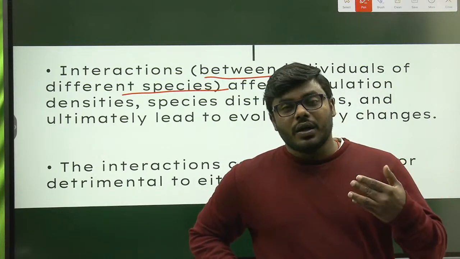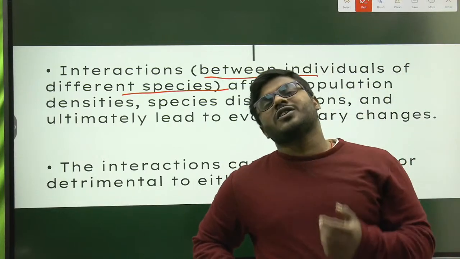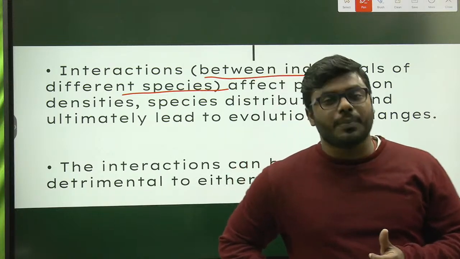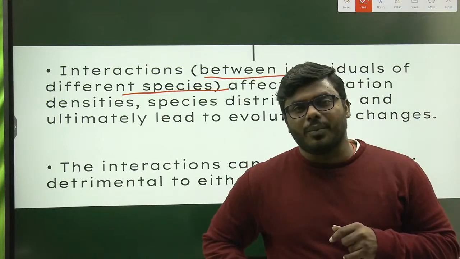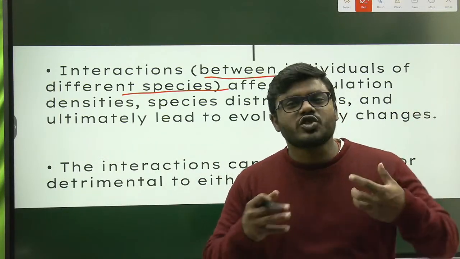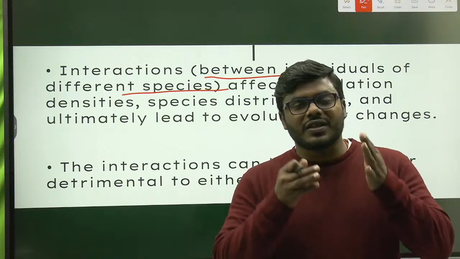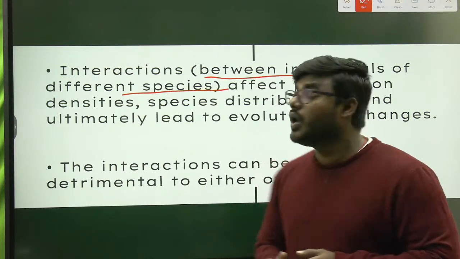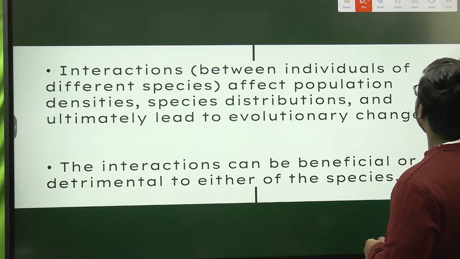Suppose, for example, one large species and one small species start competing, then we can easily predict who is going to win that competition. But when two equally strong species are competing for the same resource, we cannot predict which is going to win.